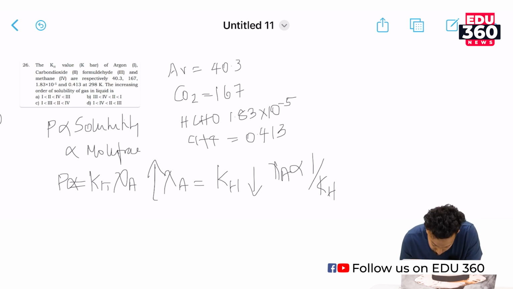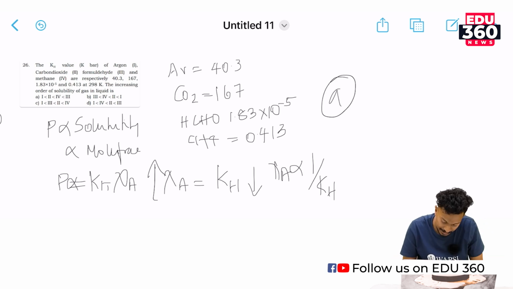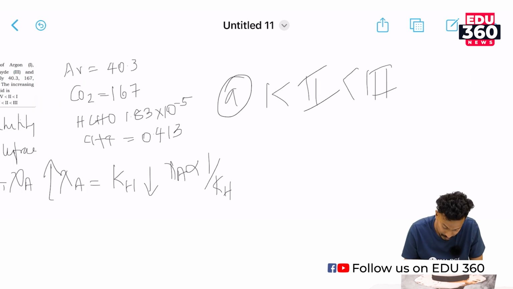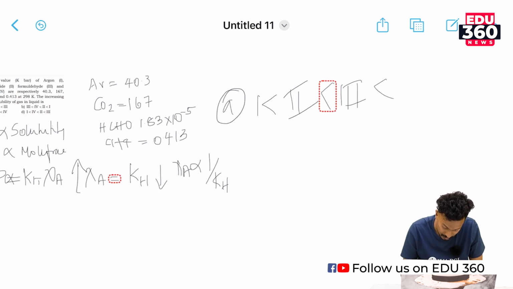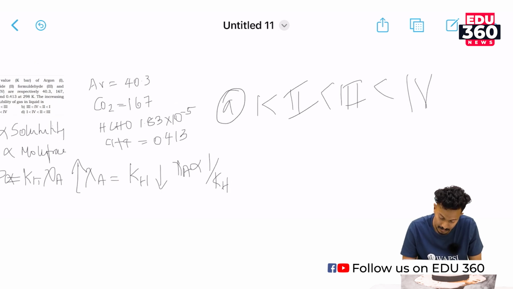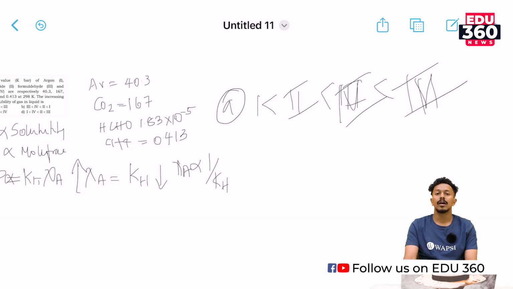Option number A: argon, then carbon dioxide, then methane, and lastly formaldehyde. 1, 2, 4 and 3. This is the increasing order of their solubility.